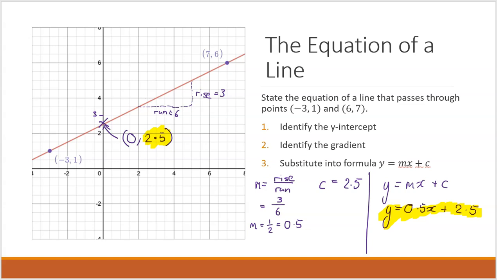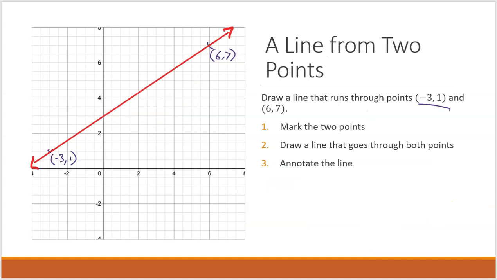Now to completely finish everything from before, we'll go back to our original line we drew, and we'll finish annotating it, and it is y equals 0.5x plus 2.5.